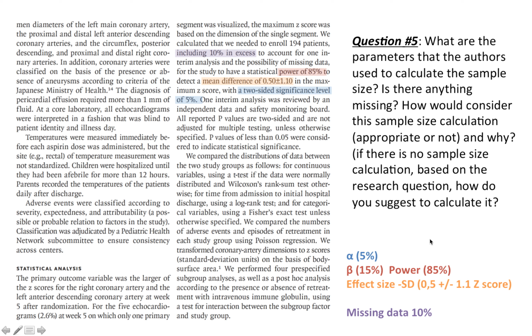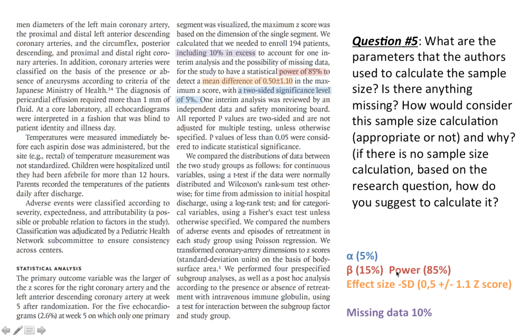So the final question was, what are the parameters the authors used to calculate the sample size? Here I tried to correlate what I found in the text with the colors and the information I wrote here. The alpha was a two-sided significance level of 5%. The power was informed as 85%.